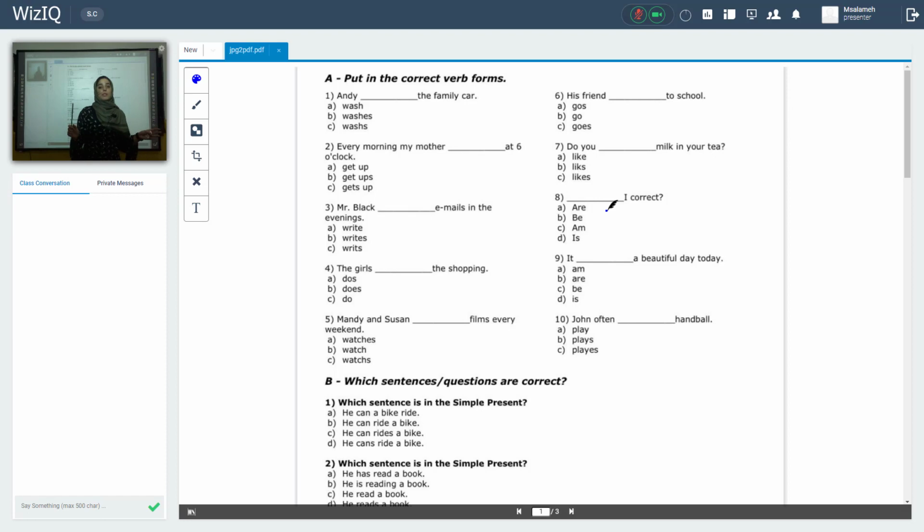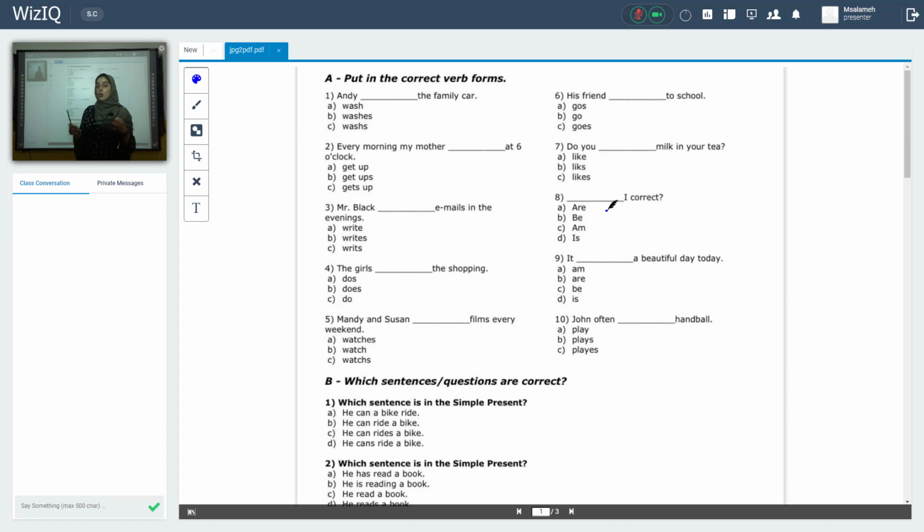Today inshallah we will solve our first worksheet about simple present. But before that I want to make a small revision to what we talked about. I talked about the definition of simple present, the forms of simple present, and when we should use simple present.